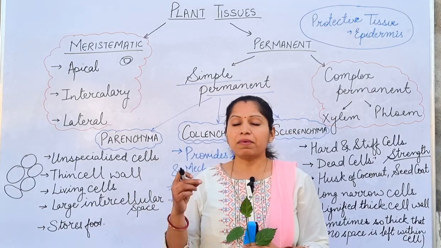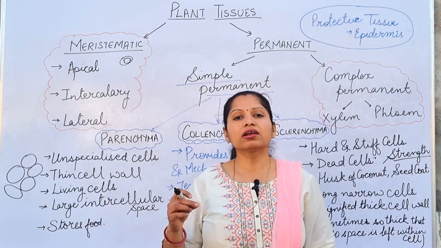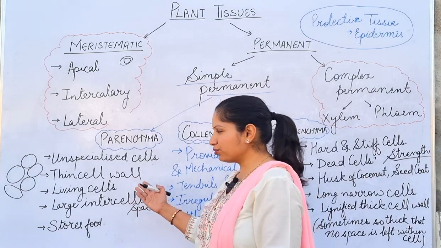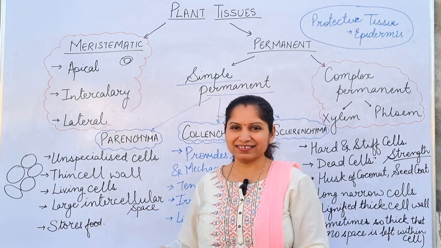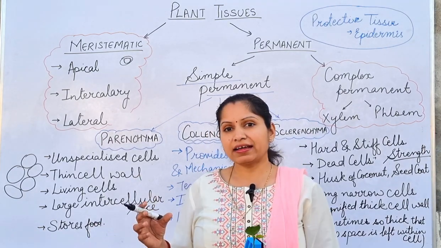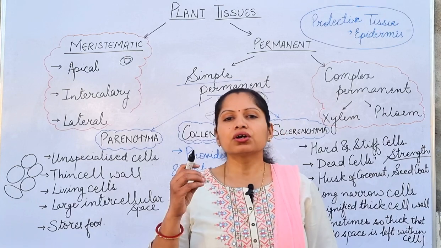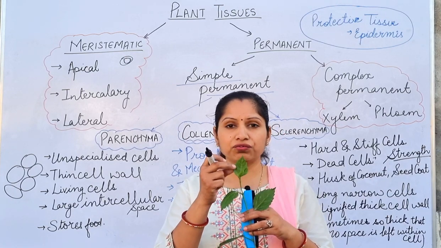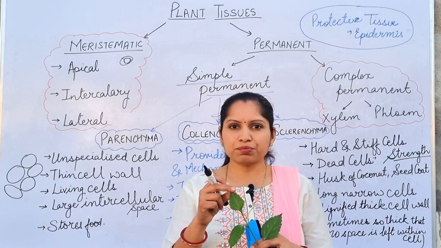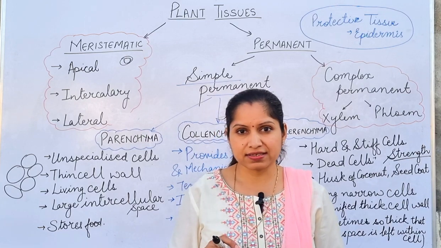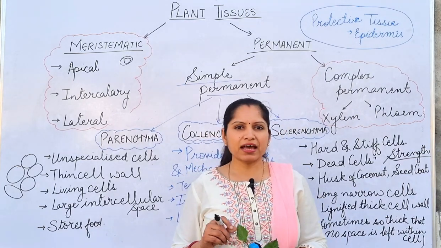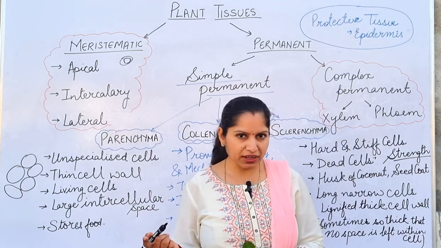If the parenchyma tissues have chlorophyll in them, then they are known as chlorenchyma. I didn't write it here because I didn't have enough space. Chlorophyll is the green pigment of the leaves that helps in the process of photosynthesis. So, if they have this chlorophyll, then they will be known as chlorenchyma.